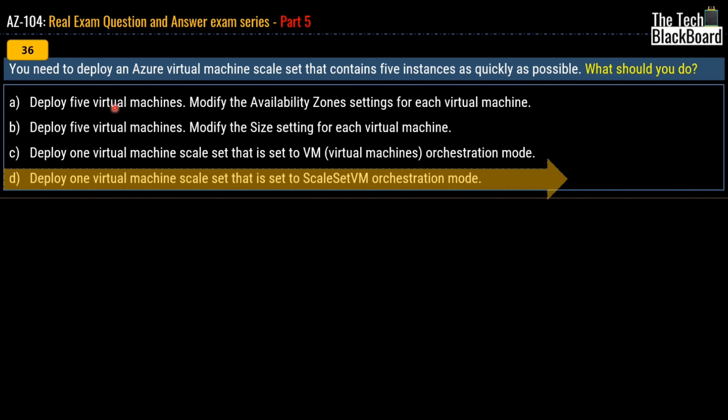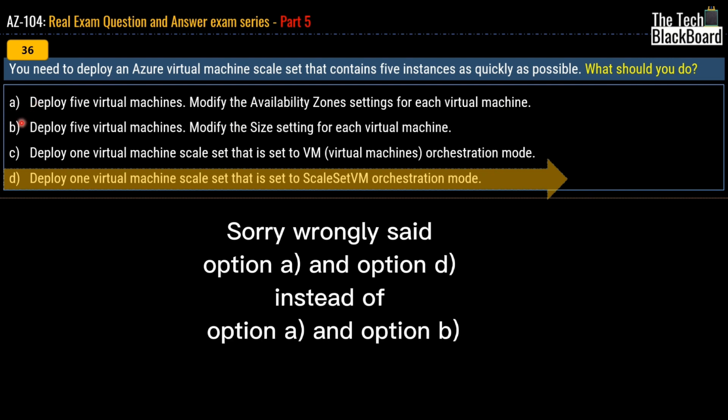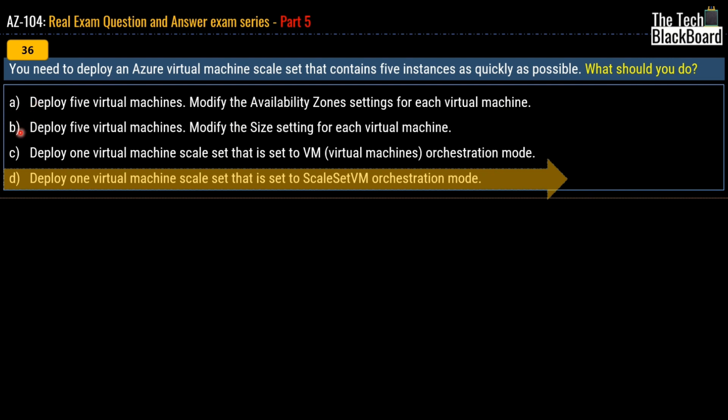With this, we can easily rule out option A and option B. And then we are only left with option C and option D. Now if you look at option C, you can see it's an unmanaged scale set where you will be adding the virtual machines to the scale set manually. And this manual intervention makes this option slower, but we want to do it as quickly as possible.